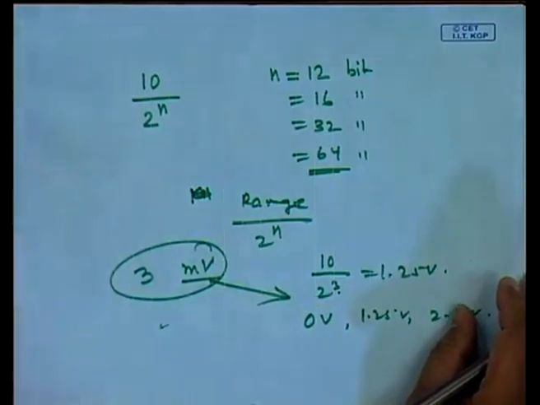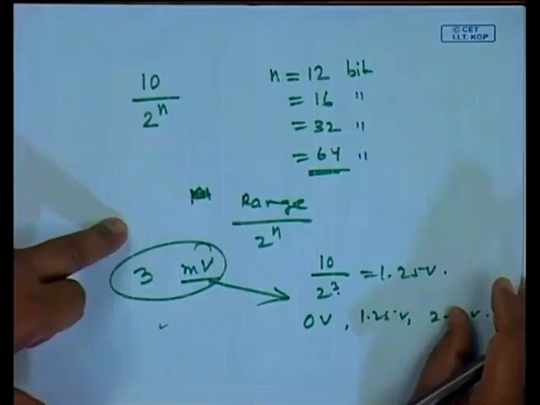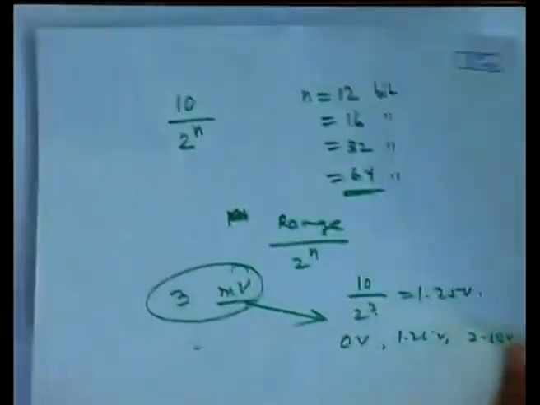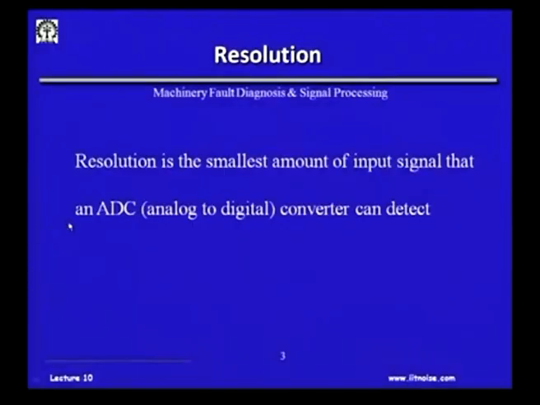So, you would have heard that 32 bit or 64 bit computers are much costlier than 12 bit computers, because the accuracy, the resolution, is much finer in such systems. So, if I ask to define the resolution, resolution is the smallest amount of input signal that an analog to digital converter can detect.